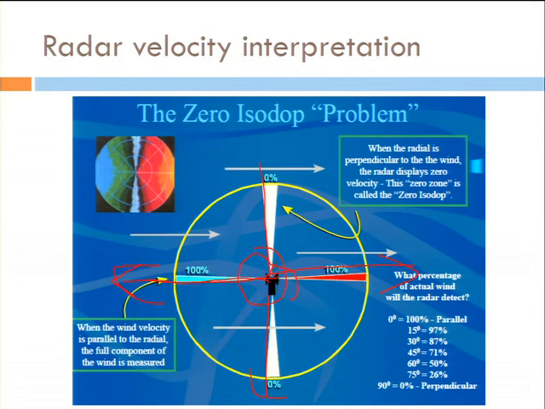When it sends out a beam in this direction, that raindrop is neither moving toward the radar nor away from the radar. It's moving at right angles to the radar beam. So as far as the radar is concerned, that is zero wind, because it cannot actually detect that the wind is blowing.